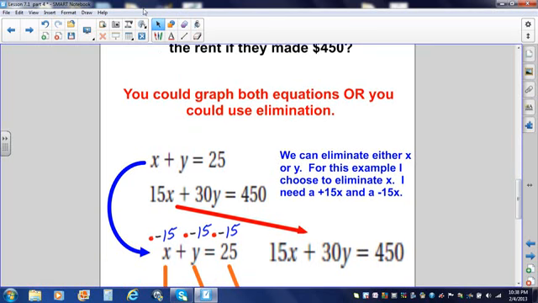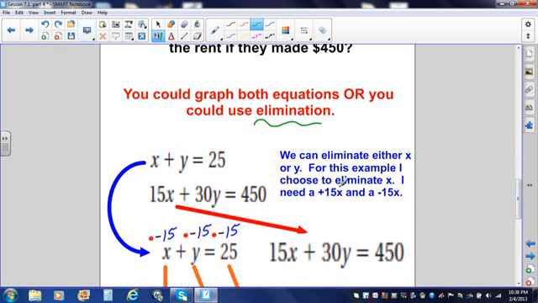Let's use elimination. We've been working that on the backboard in small groups. We can eliminate either the x or the y. So we either want to cancel the x's or we want to cancel the y's. Your choice.